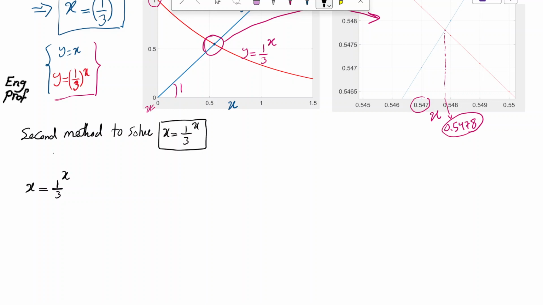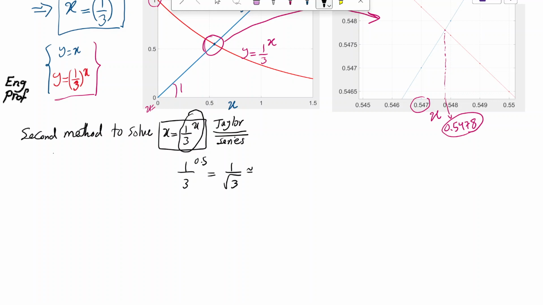So let's say we want to solve this and we don't want to use the graphical method that I showed. One way to do this is to linearize this to a reasonable extent. Imagine we have 1/3 to the power x as a function. I can use a Taylor series expansion, knowing that 1/3 to the power 0.5 becomes 1/rad3.